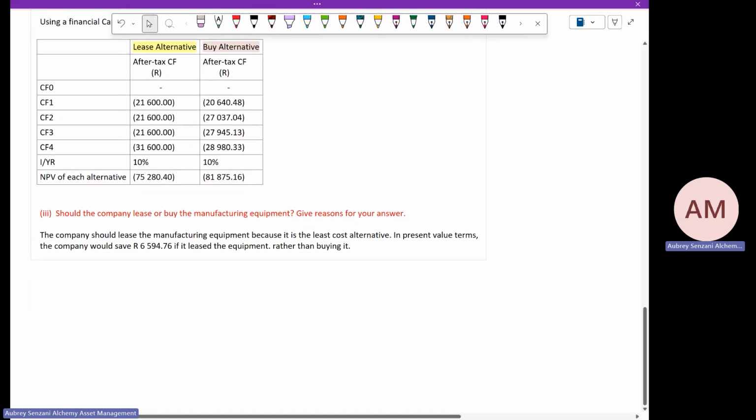They say the company should lease the manufacturing equipment because it is the least cost alternative. In present value terms, the company would save 6,594.76 cents if it leased the equipment rather than buying it.